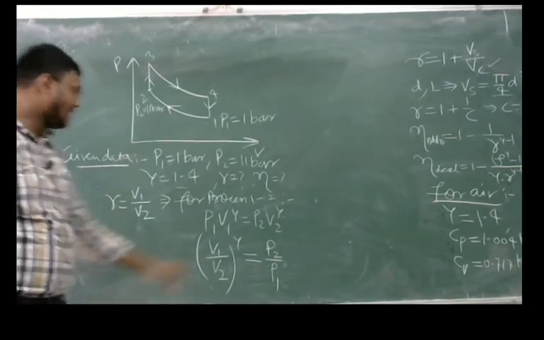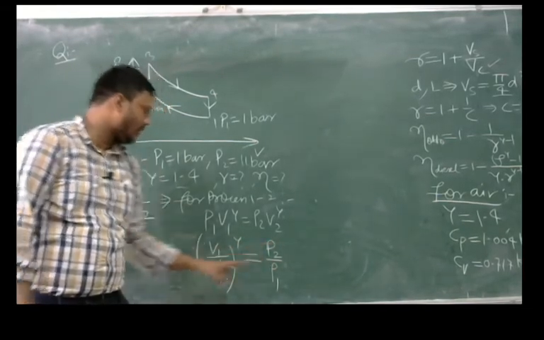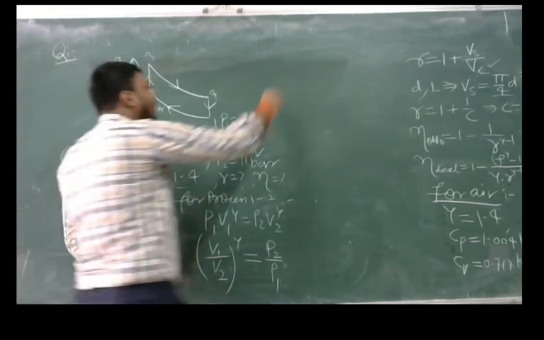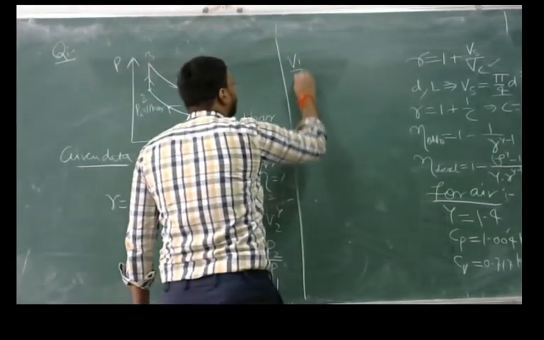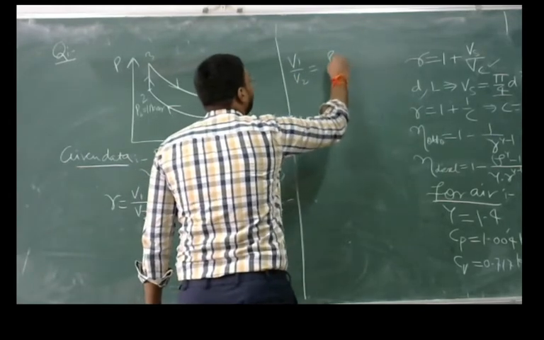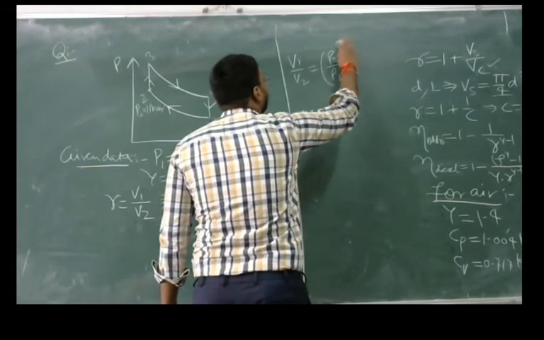Now transfer the power to the opposite side, so V1 by V2 is equal to P2 by P1 to the power 1 by gamma.